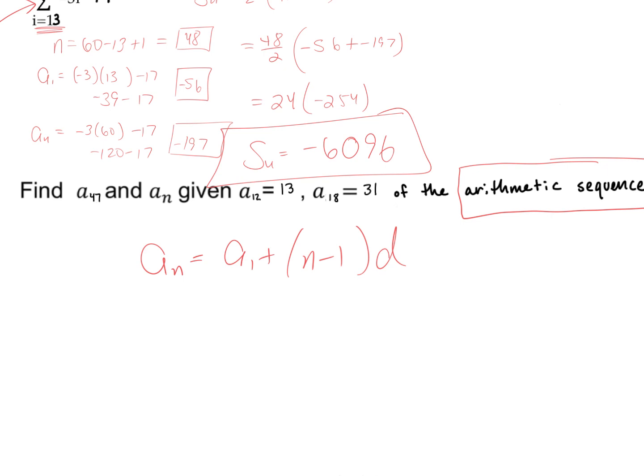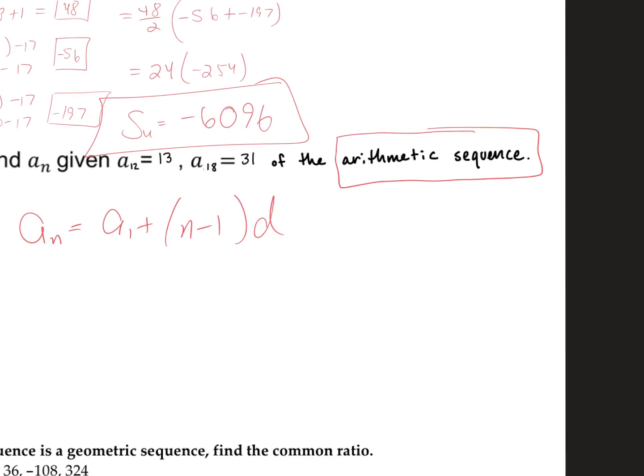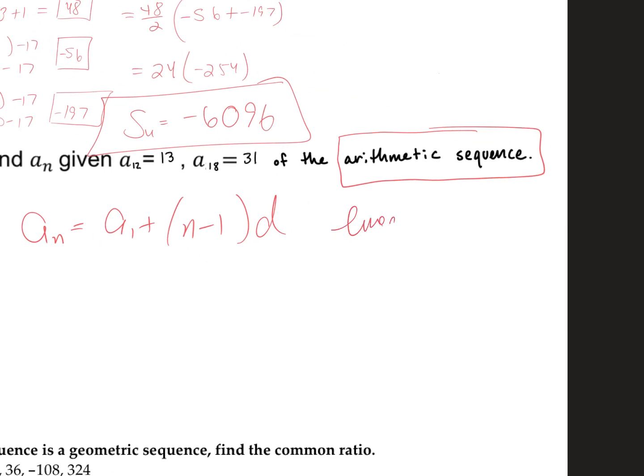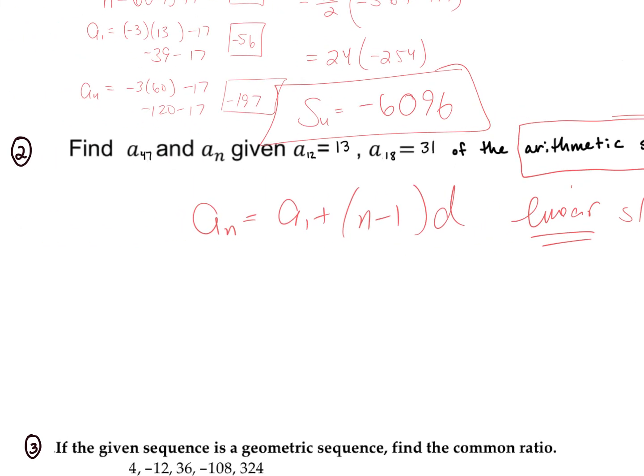Now, I don't know the first term, and I don't know the common difference, but I can find it. Because this is an arithmetic, this is a linear function. When we think of linear, we think of slope. Did they give me 2 points that I could use to find the slope? Yes, they gave me that the 12th term is 13, and they gave me that the 18th term is 31.